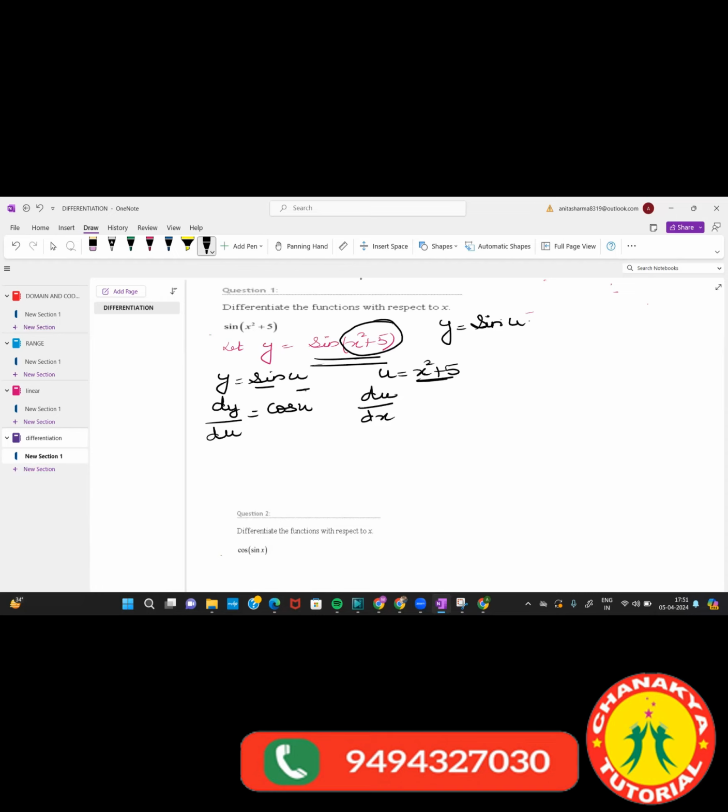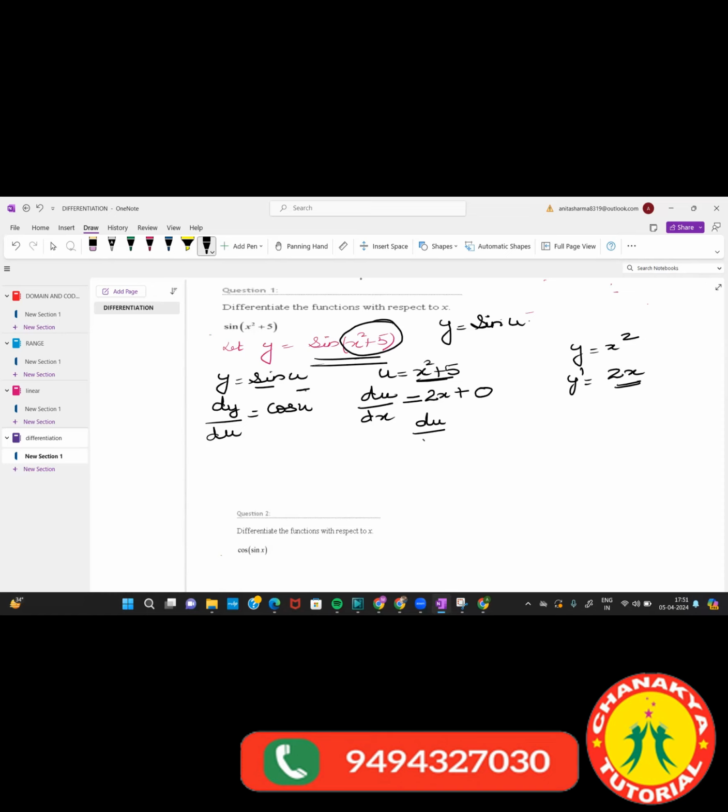Now du by dx, because on the right hand side the x variable is written, so you will differentiate it with respect to x. Power rule is there, so the differentiation will be 2x, right? And the differentiation of 5 is a constant term, so 0.